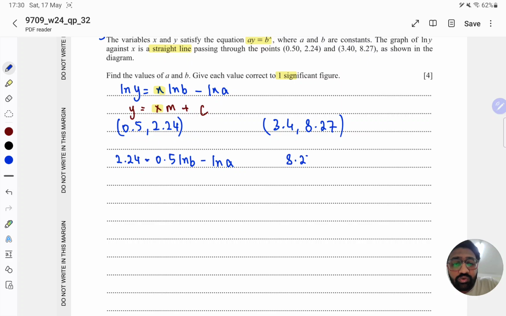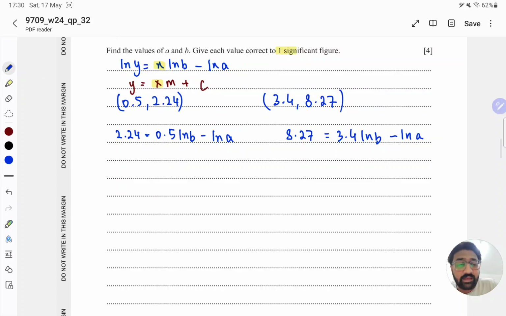Similarly, 8.27 equals 3.4 ln b minus ln a. Now we'll make ln a the subject and substitute it in the other. It will be ln a equals 3.4 ln b minus 8.27.